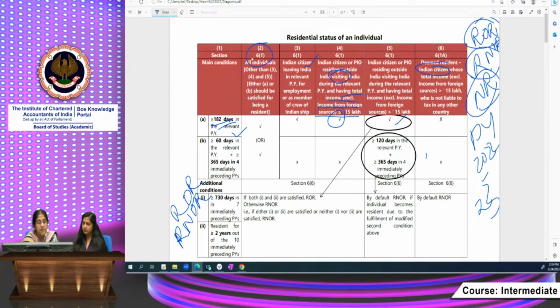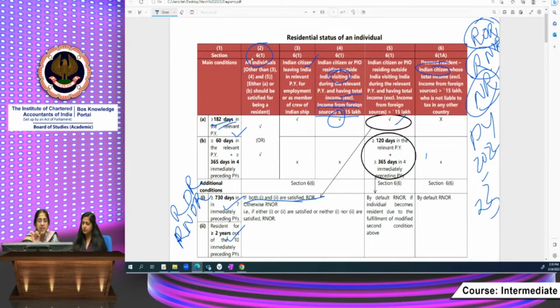And resident for 2 years or more out of the 10 immediately preceding previous years. 2 out of 10 in the immediately preceding years. Now, if both conditions are satisfied, both the stay for 730 days plus resident for 2 years or more, then the person is an ROR, resident and ordinarily resident, and his global income is taxable. Otherwise, he's a resident and not ordinarily resident. Otherwise, that means if one of the conditions is satisfied or none of the conditions are satisfied, he becomes a resident and not ordinarily resident.